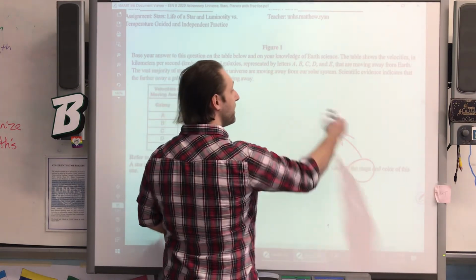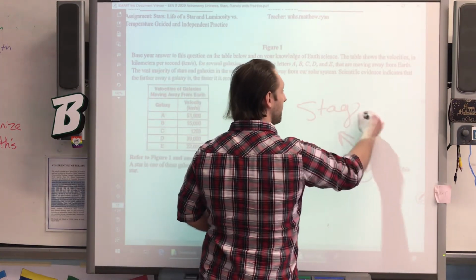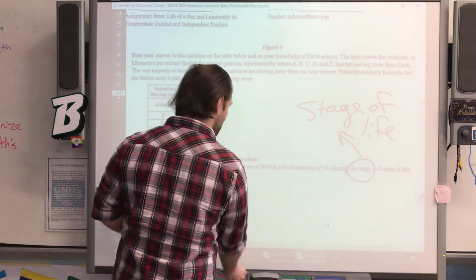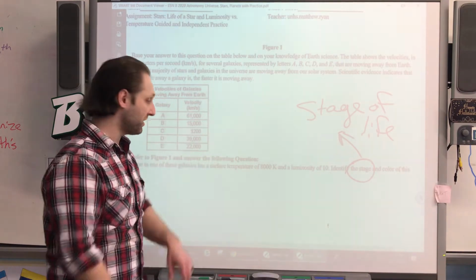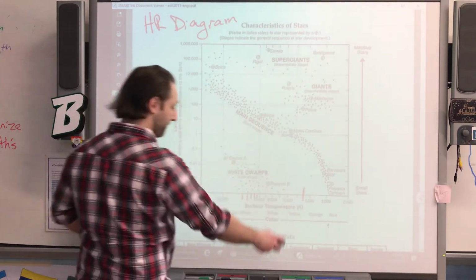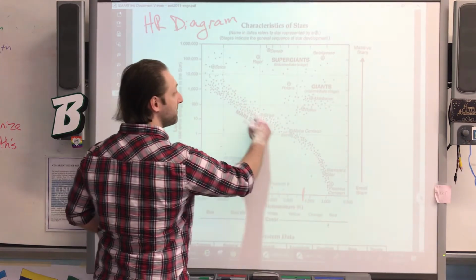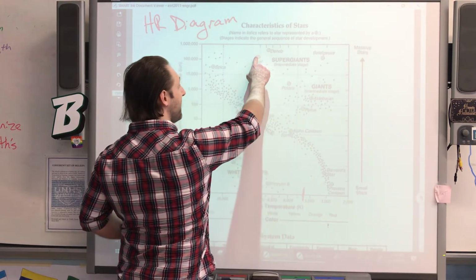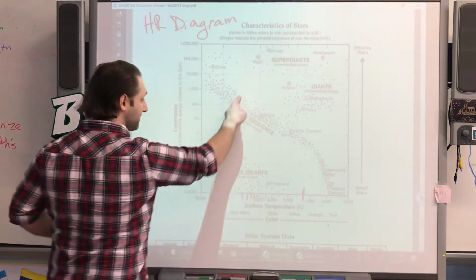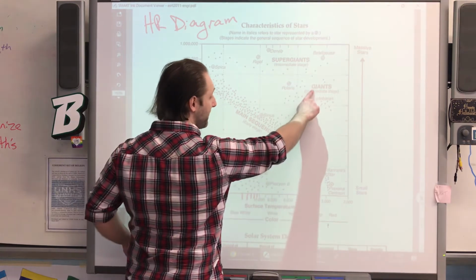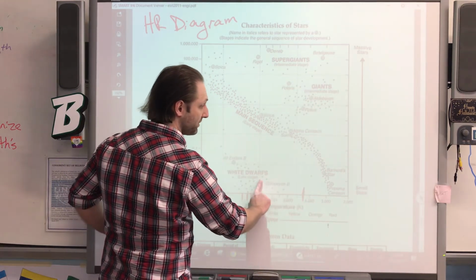So stage of life for that star. And each of those different portions of the diagram are stages of life. So normally it stays on the main sequence and then it bloats up to a giant or a supergiant, and then either they explode and go way back down here where there's very little light, or you might be a giant where you start to fizzle out down here.